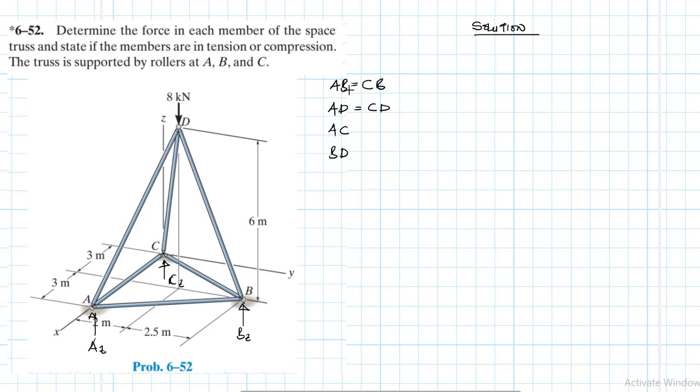So we have a pair of members, two members, each having equal forces, and that's AB equal to BC, and AD equal to CD, and then AC will have its own member force as well as BD.